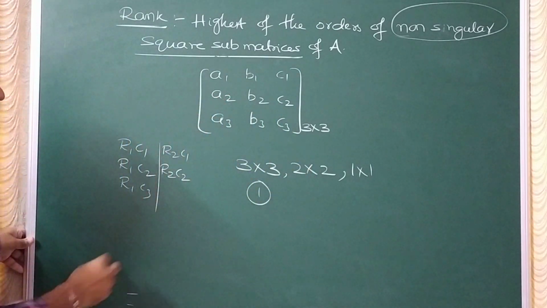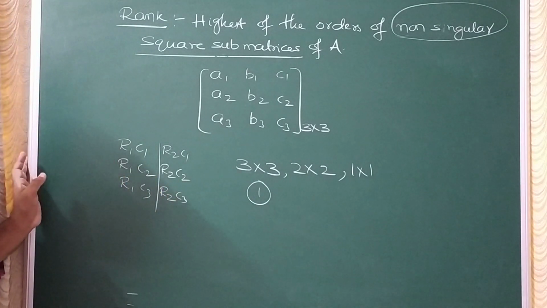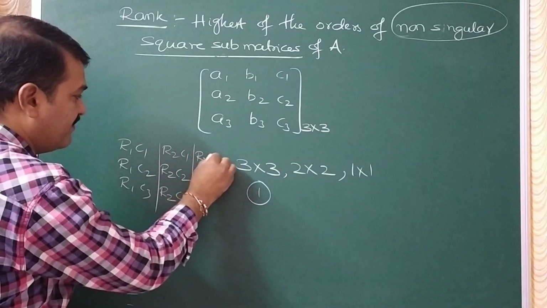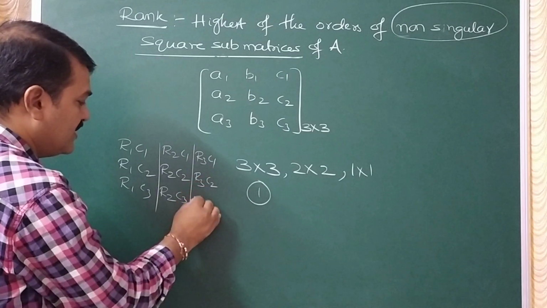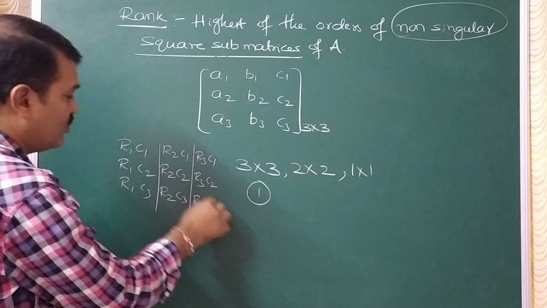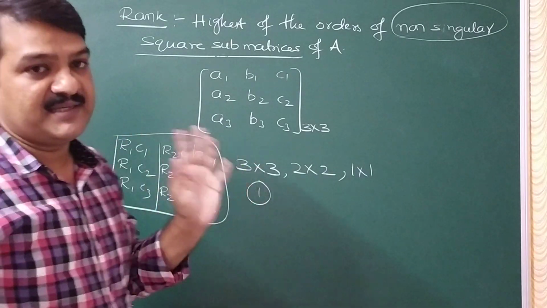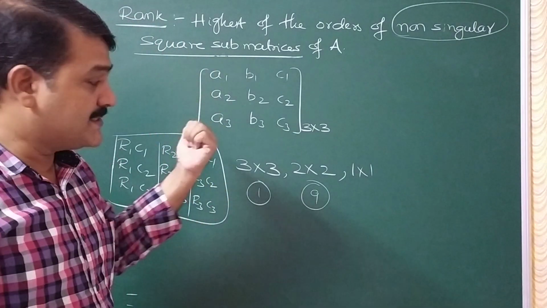Second row, second column, one. Second row, third column, one. Third row first column, one. Third row second column, and third row third column. So in total you can get 9 2 by 2 submatrices.